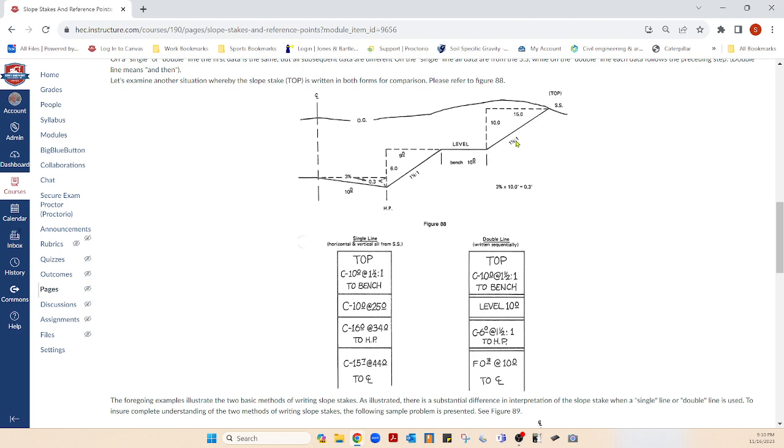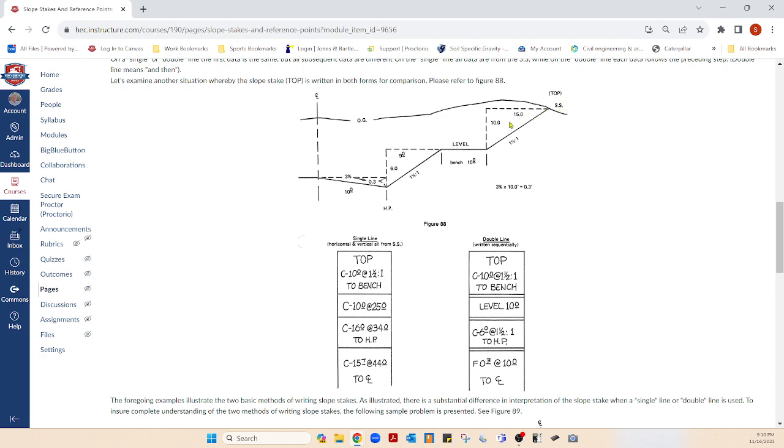And it's just telling us that 1.5 to 1 right here. So if it's 10 vertical, 10 times the ratio of 1.5 gives us our horizontal. So we have that again.